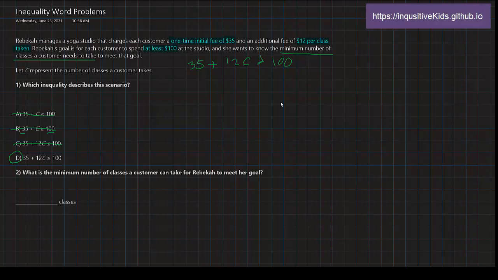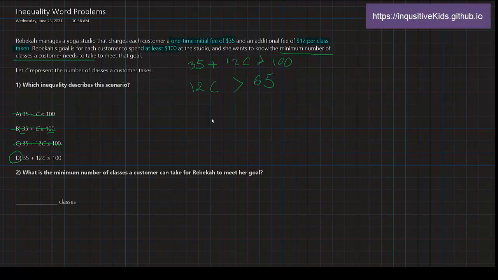So we want to get rid of this 35 on both sides. We subtract 35 on both sides of the inequality. On the left side, we're just left with 12C. Remember, the sign does not change. And on the right side, we have 100 minus 35, which is 65.